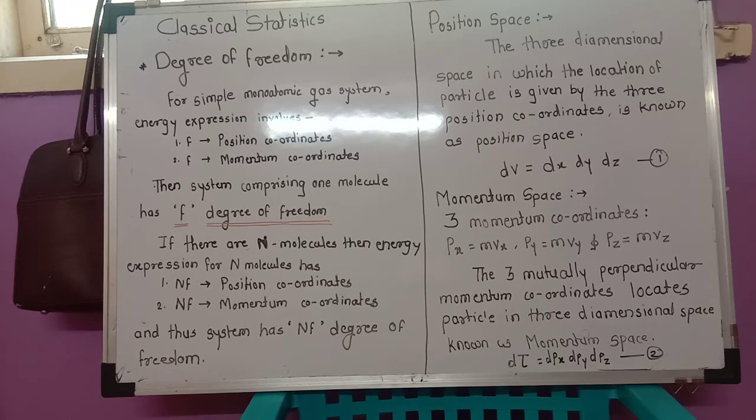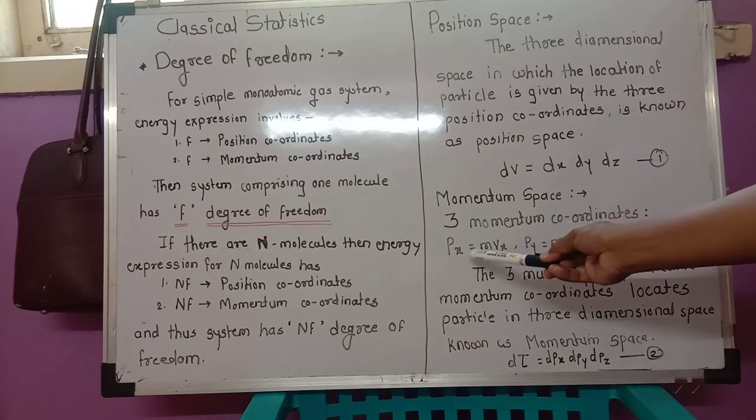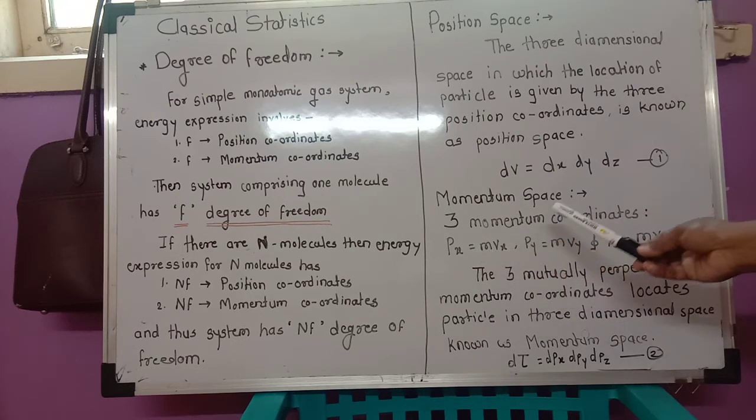If m is the mass of the particle and it is moving with velocity v, then p = mv is the momentum, and it has three momentum coordinates along the three axes: px = mvx along the x-axis, py = mvy along the y-axis, and pz = mvz along the z-axis.